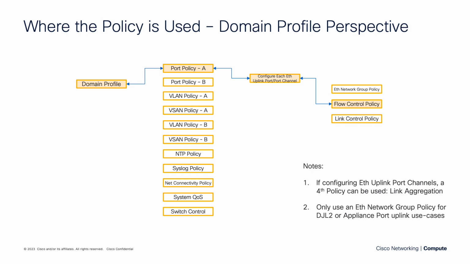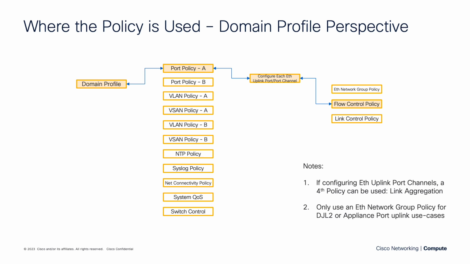A couple notes here. If you are configuring Ethernet uplink port channels, a fourth policy will appear here. That's link aggregation, and we'll cover that in another video. Also, just as a confusing item here, you have this Ethernet network group policy, and a lot of folks want to select something for that. Well, for that use case, okay, to use that policy, you really need to be in a disjoint layer 2 scenario or be using appliance ports.